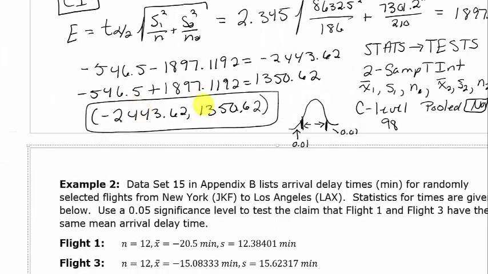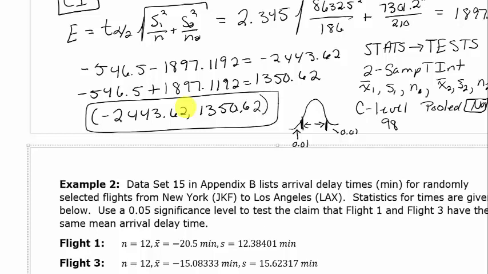0 is contained within our confidence interval, and so because 0 is contained within that, then there is a possibility that the means are equal to each other, and so we would not be able to support the claim based off of that. So if this entire confidence interval were above 0, so the whole confidence interval were positive, then we might conclude that mu1 was greater than mu2 because our entire confidence interval was positive, and 0 is not in there, which sort of takes away the fact that the two means could be equal to each other.